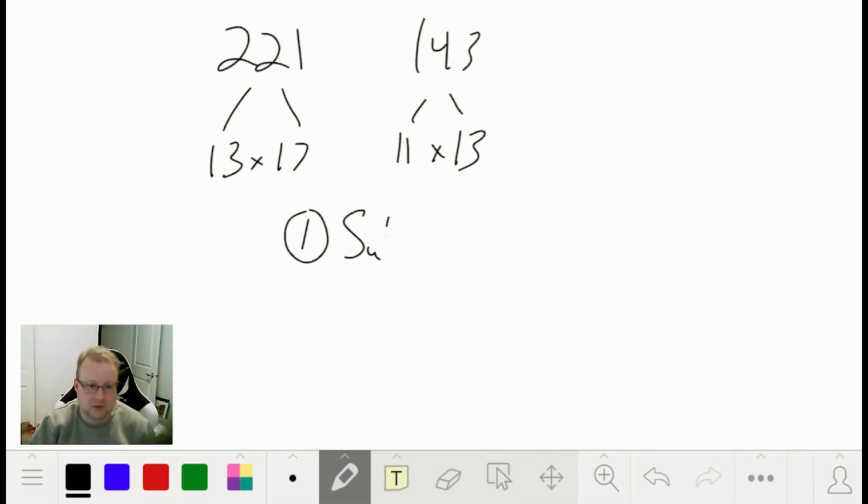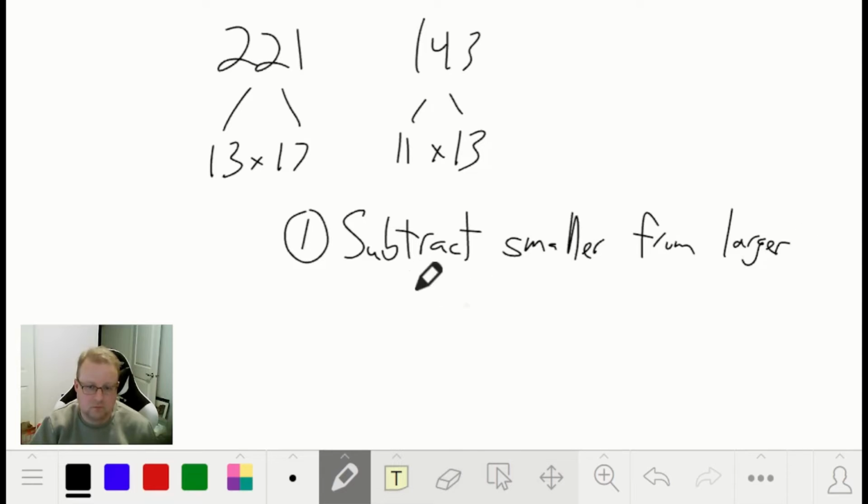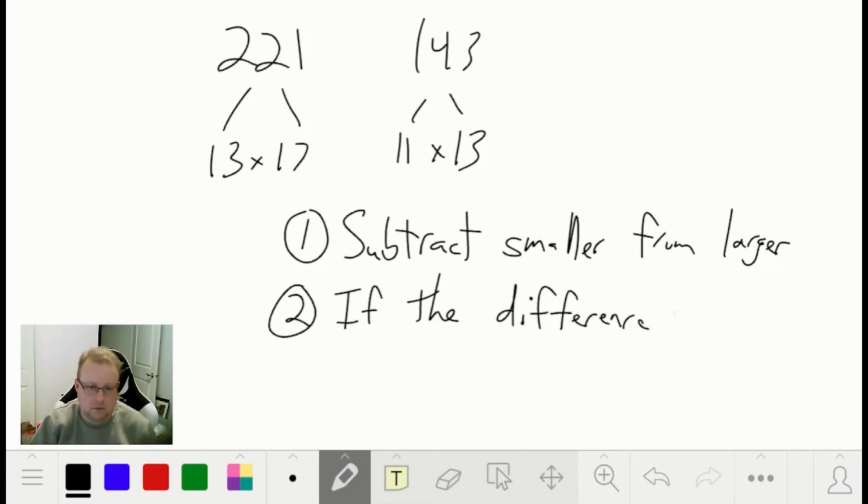So we subtract the smaller number from the larger. If the difference is 0, we have the greatest common factor or greatest common divisor.